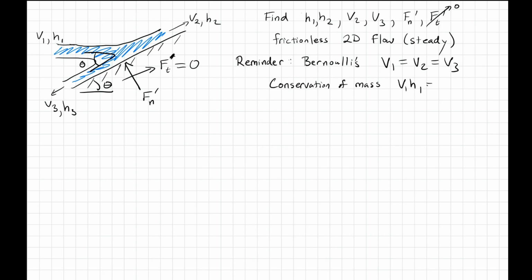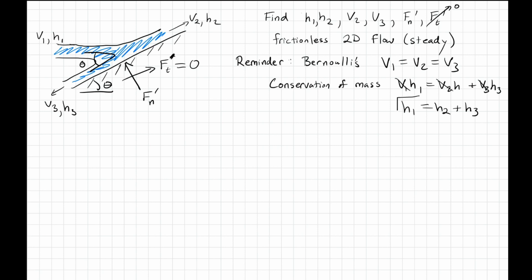So V1 H1, which is the incoming flow rate, was equal to the total outgoing flow rate. And since all the velocities were the same, that implied that H1 equals H2 plus H3.